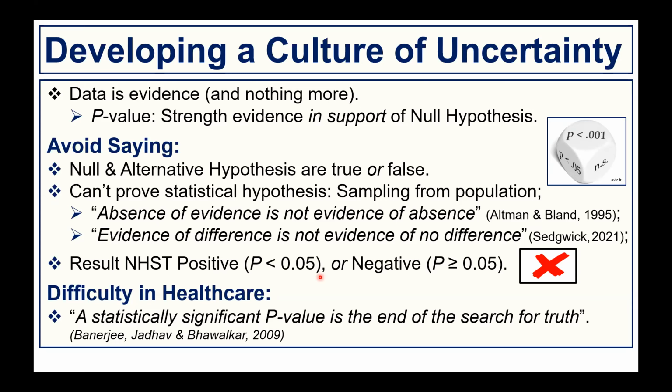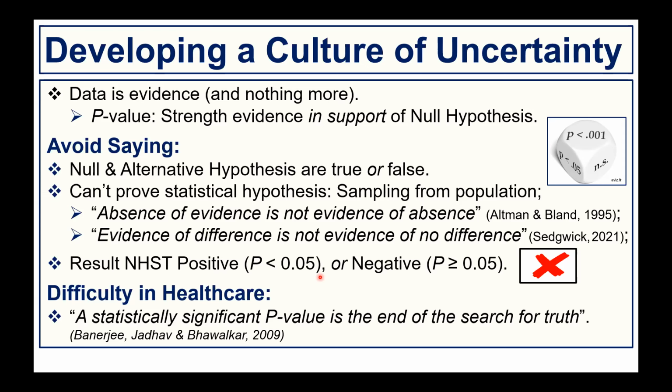But the one thing I find really difficult in developing this culture of uncertainty is that there's a difficulty in healthcare, in particular with clinicians, because I think it's true what Banerjee and colleagues have said, that a statistically significant p-value is seen as the end of the search for truth. So once you get a statistically significant result, I have proven that a drug works or whatever.